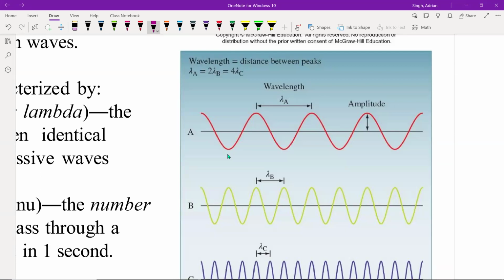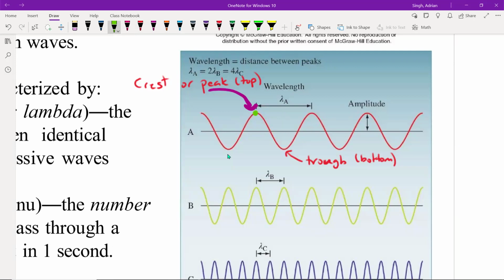Think about the top of the wave here being the crest or the peak. Okay, so that's going to be the top of the wave. And then the bottom part of it here is called the trough. So if we think of any point along the wave, it's easiest to think of either a peak or a trough. So let's highlight this in, say, green. So this point right there.